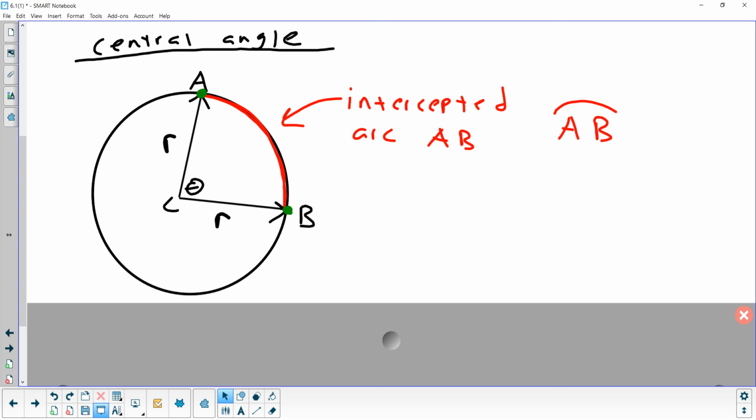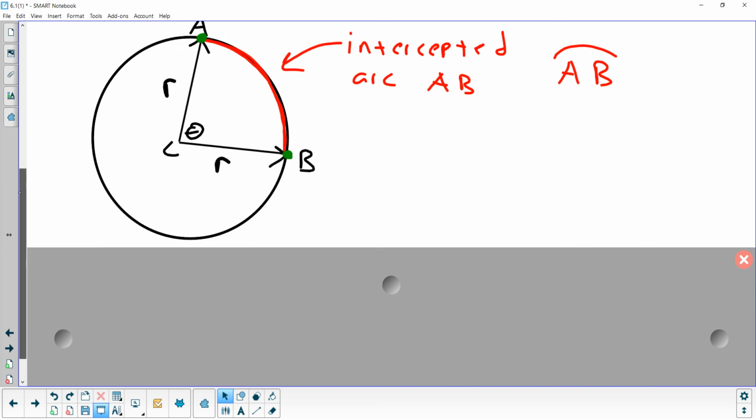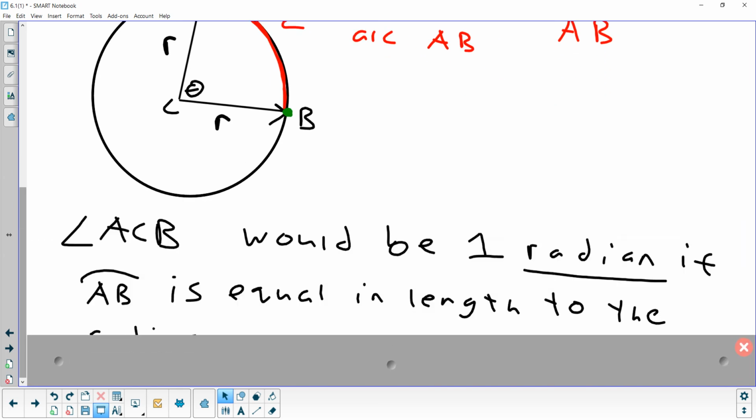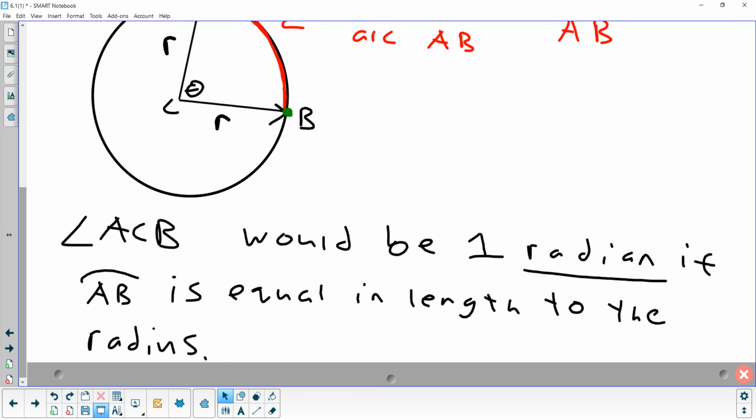Well, there's a special situation that could happen. And the special situation would be that the size of this arc is exactly the same as the length of the radius. That could only happen if you made this angle a very specific size. And it would happen if you made that angle exactly 1 radian.